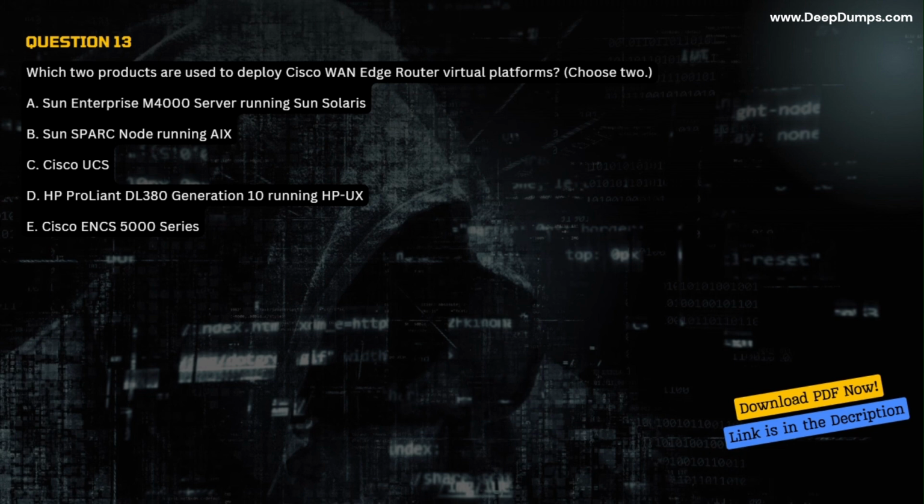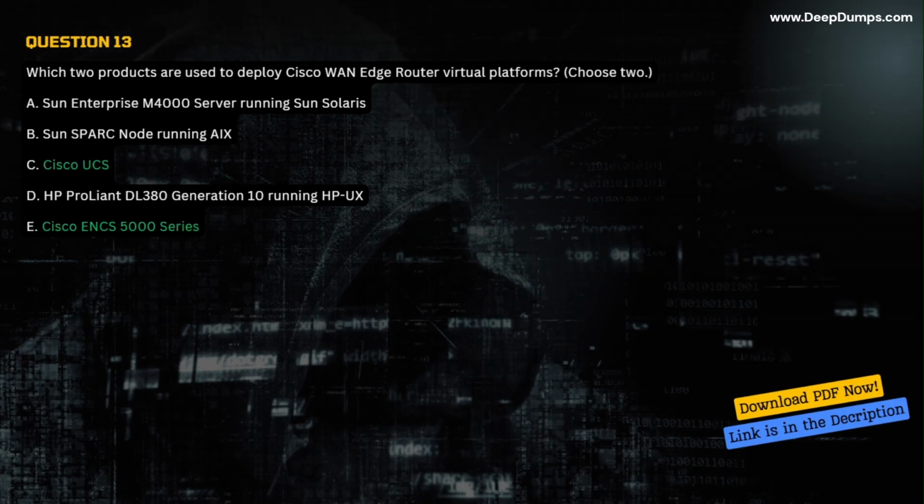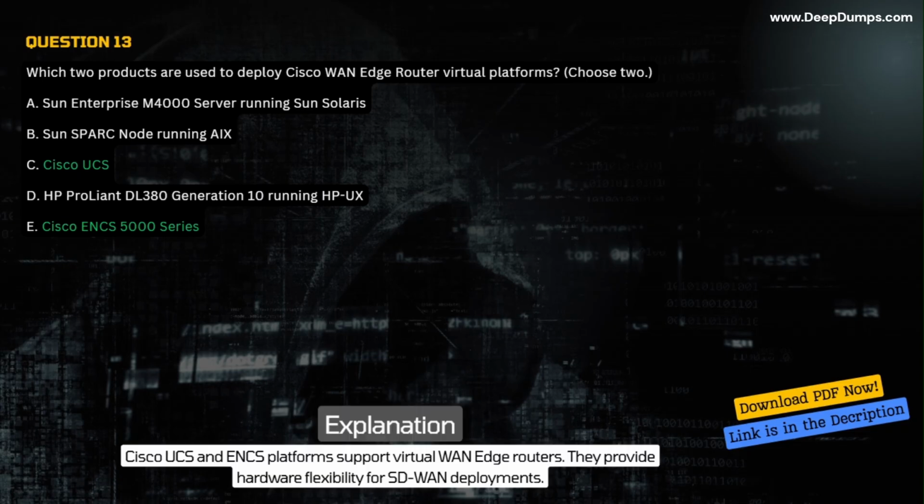E. Cisco ENCS 5000 series. Correct answer C and E. Cisco UCS, Cisco ENCS 5000 series. Explanation. Cisco UCS and ENCS platforms support virtual WAN edge routers. They provide hardware flexibility for SD-WAN deployments.